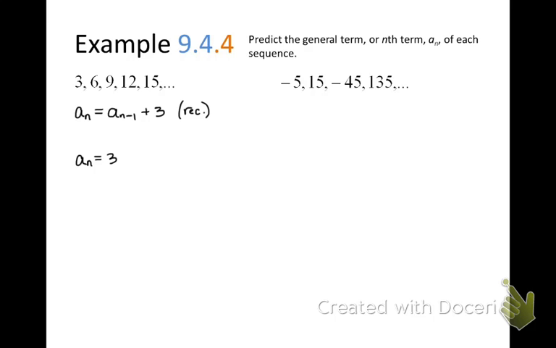You can just do 3 times n, because then you'll notice 3 times 1 is going to be 3. 3 times 2, 6. 3 times 3, 9, right? So one thing to make a note of, you guys, is that if you're adding a common term in your sequence, that shows up as multiplication in your explicit formula, right? So keep that in mind. So this is your explicit.